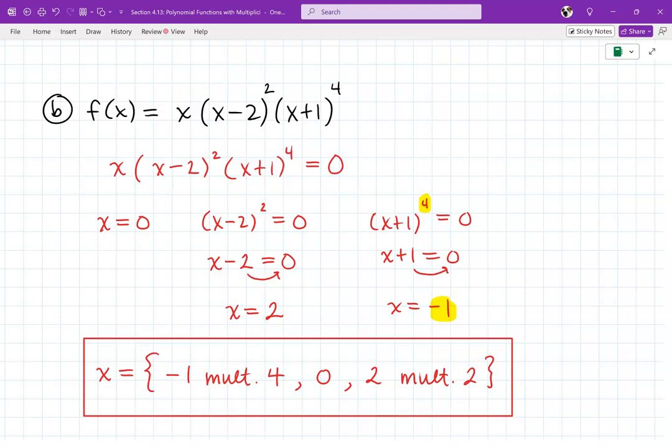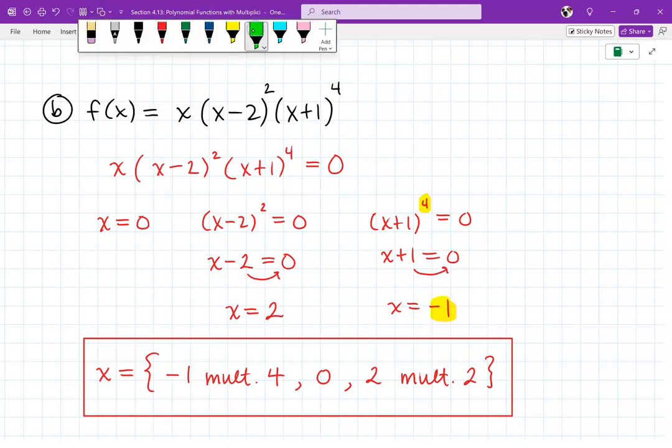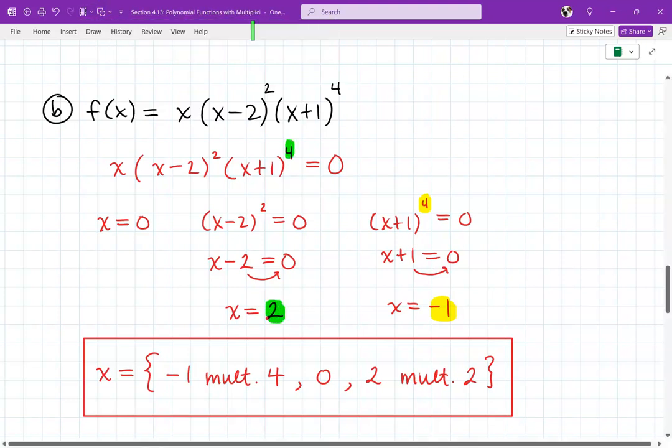So when it comes to solving and using multiplicity when you're doing formulas like this, that is as far as it goes. It doesn't go any further than this. They're just going to say, tell me the answer and how many multiplicities they have. If it only has a power of 1, you don't write anything. But 2 or more, you write it, okay? So again, we're looking at those powers, right? So right here, -1 has multiplicity of 4.